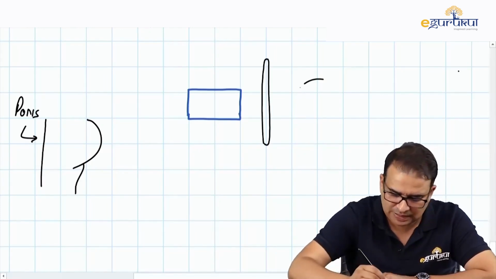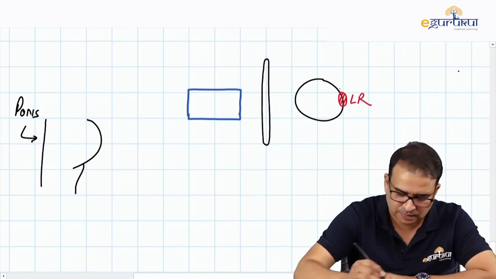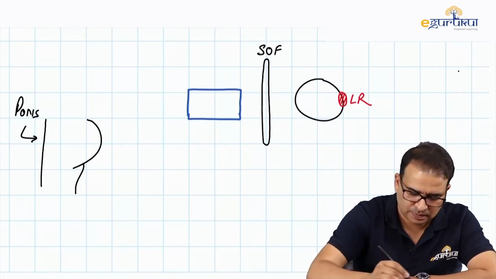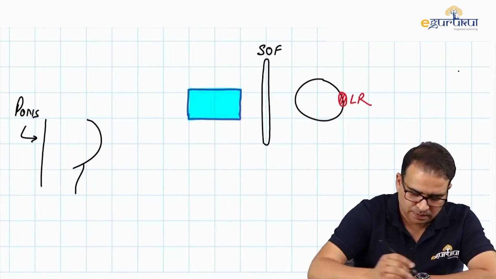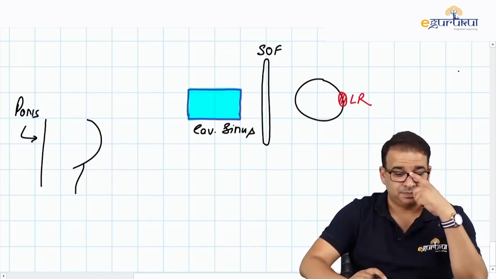And the muscle to be supplied, that is the lateral rectus.